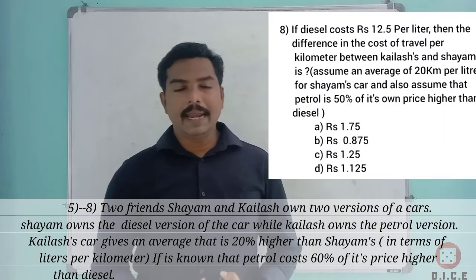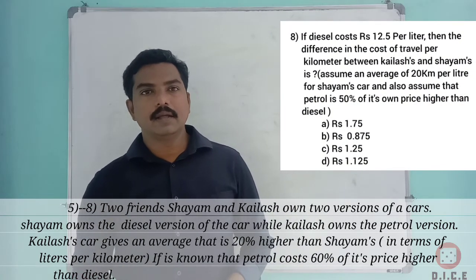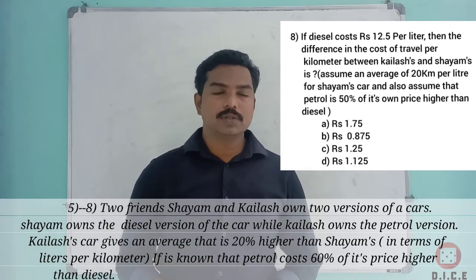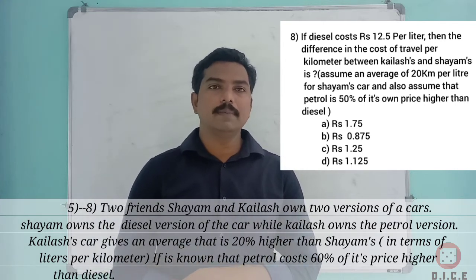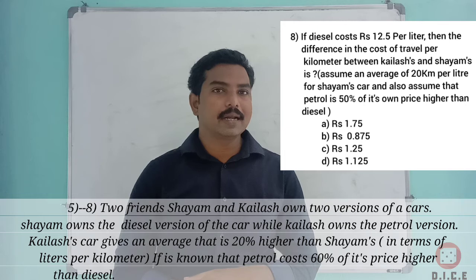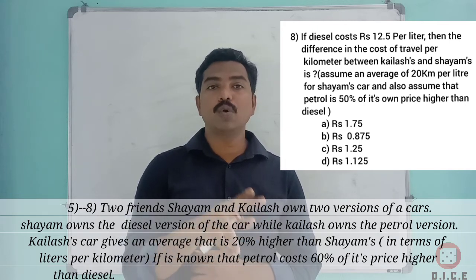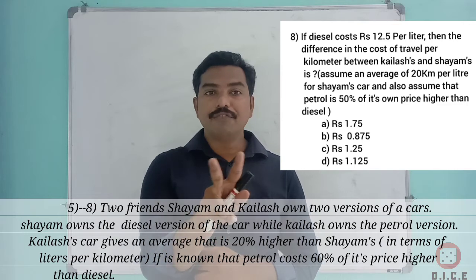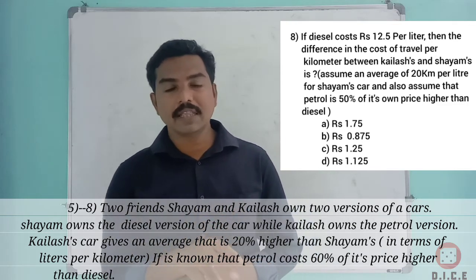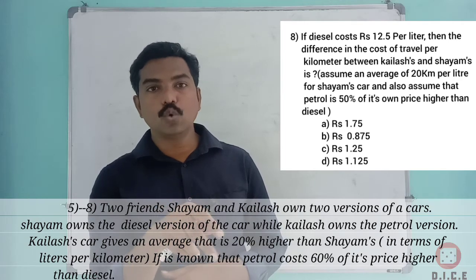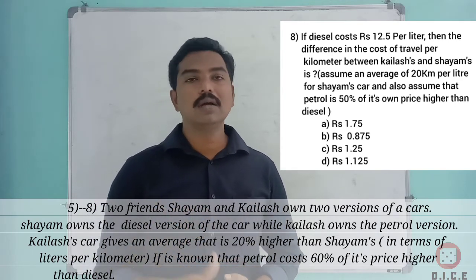Now see question number 8 here. Question number 8 says that Shyam is spending 12.5 rupees on diesel. And if you see the last point here, Kailash's price is 50% higher, so the difference between petrol and diesel rate should be 50%. Now he is asking the difference between the two prices of petrol and diesel.